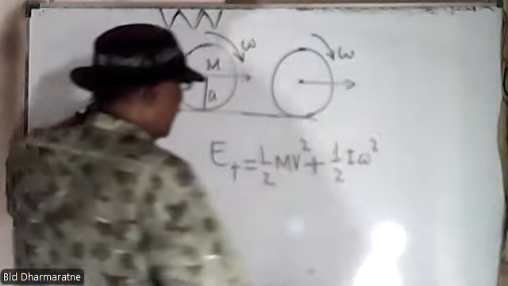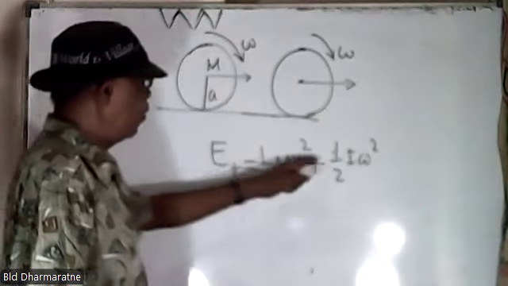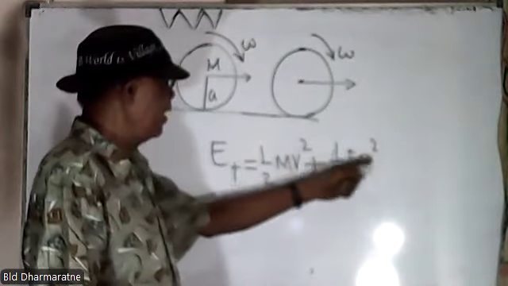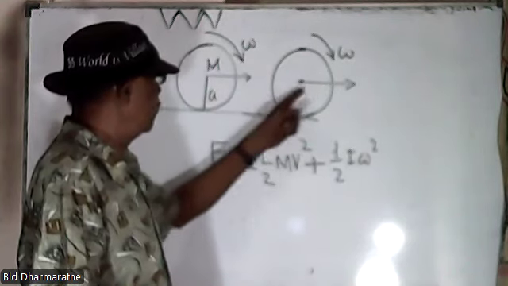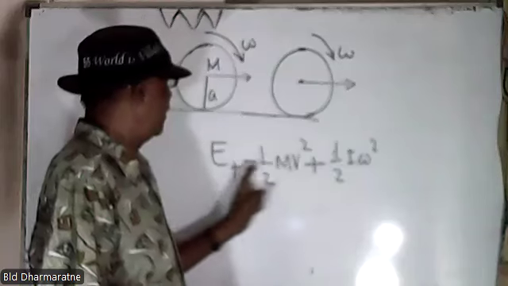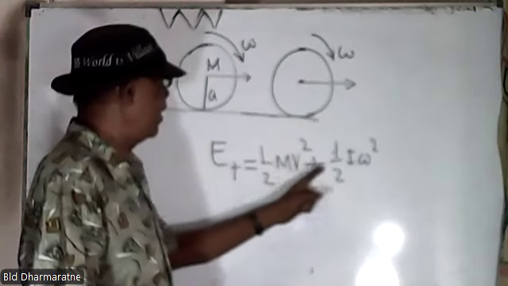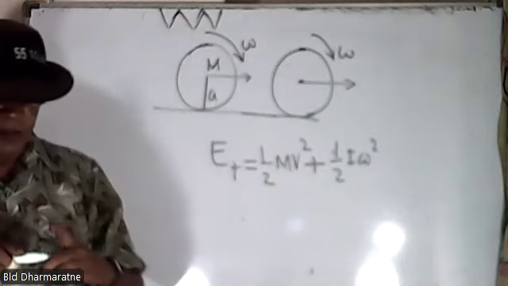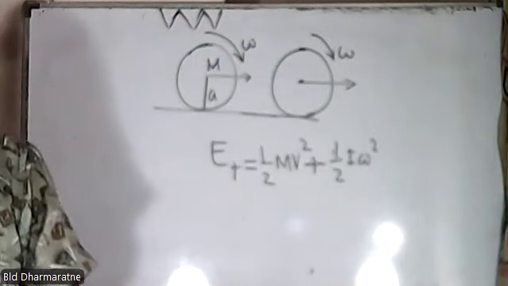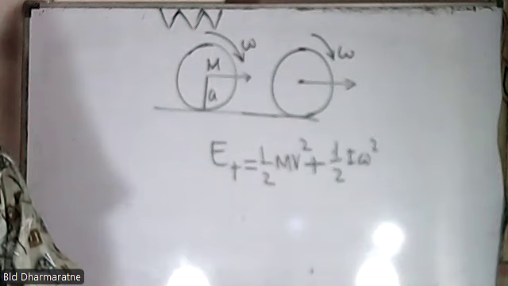The total energy is rotational plus linear: E t equals half m v squared plus half I omega squared. This is the rolling body.